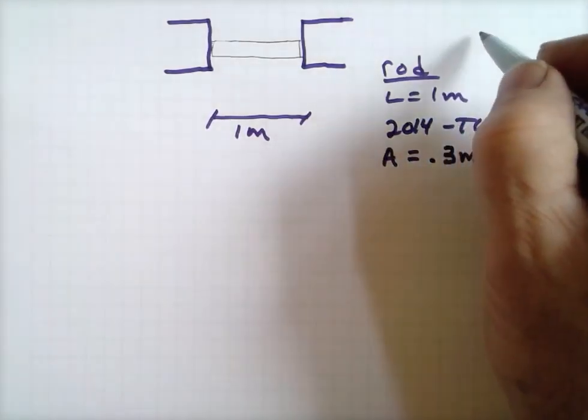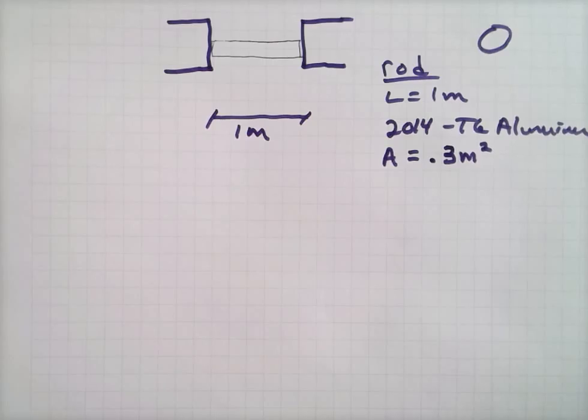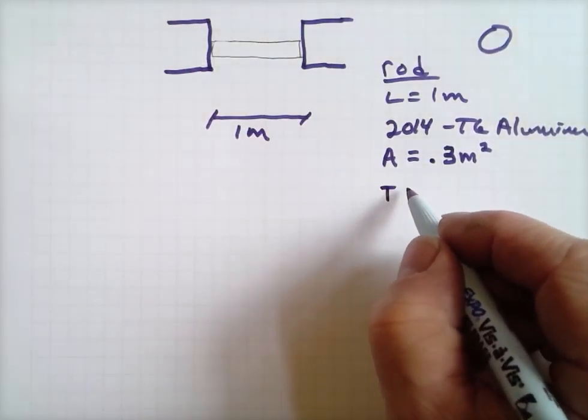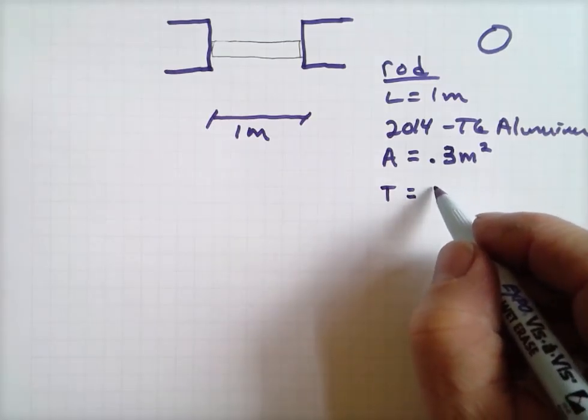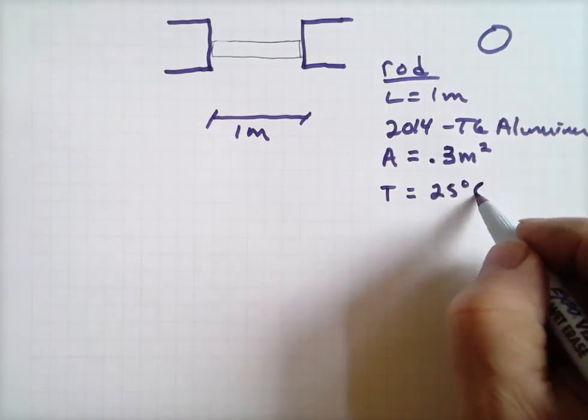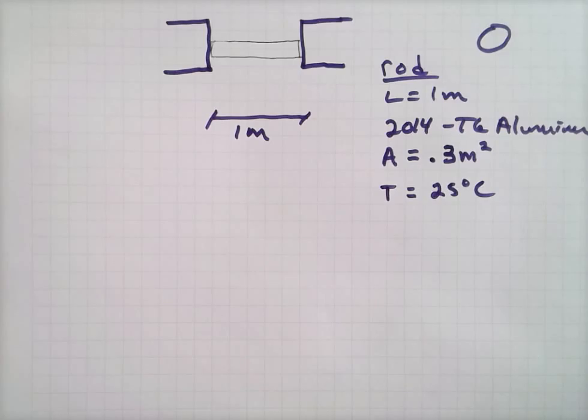Now it's a rod, so it's got a circular cross section. And its temperature is 25 degrees Celsius. And it's just perfectly sitting there. It doesn't have any axial load on it.